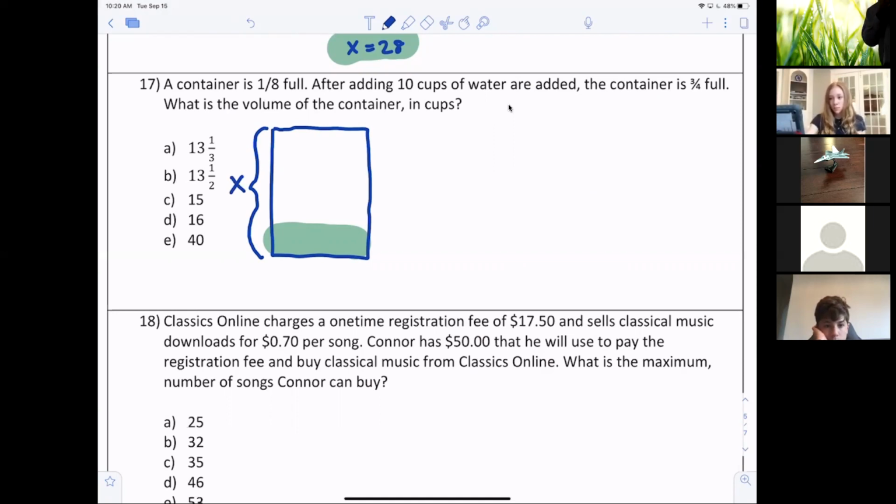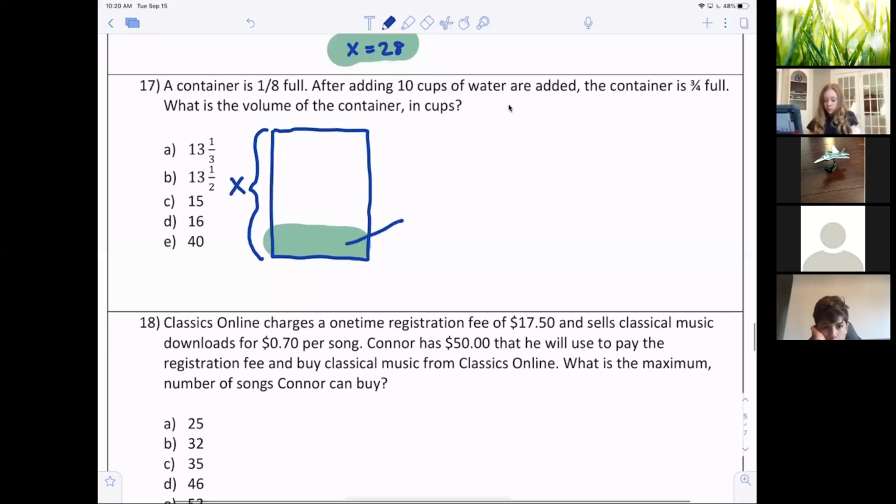Now it's 1/8 full. And then we're going to add what? Thank you. 1/8. So this right here represents 1/8 of X. Now remember, X represents the whole thing.